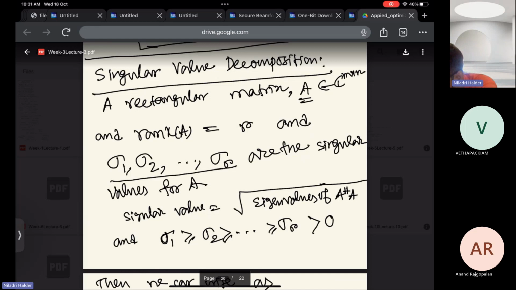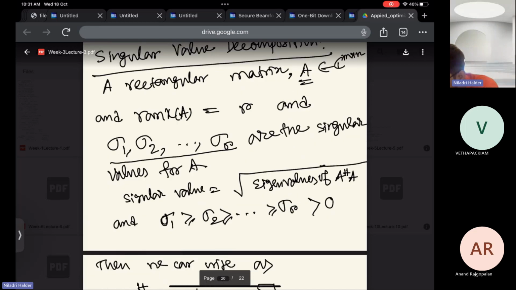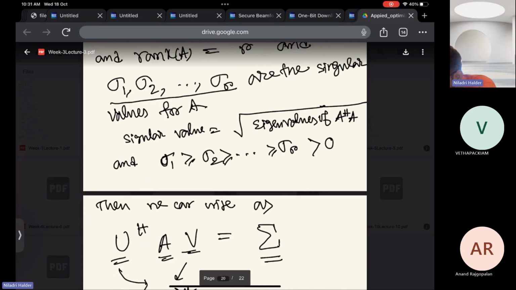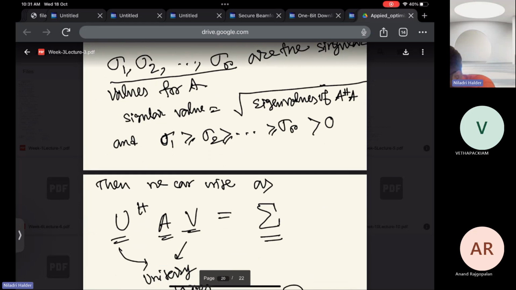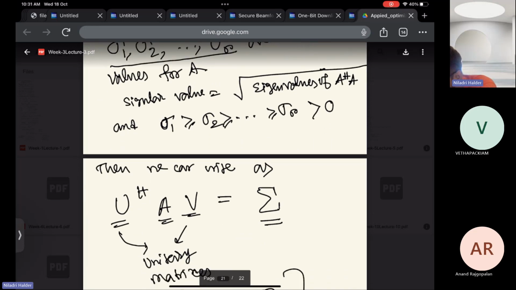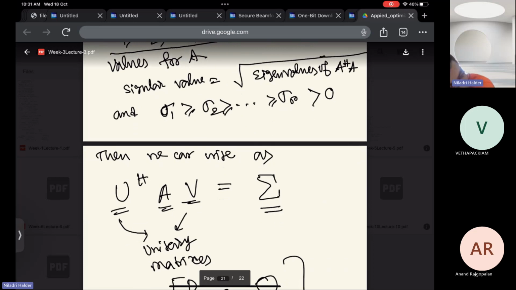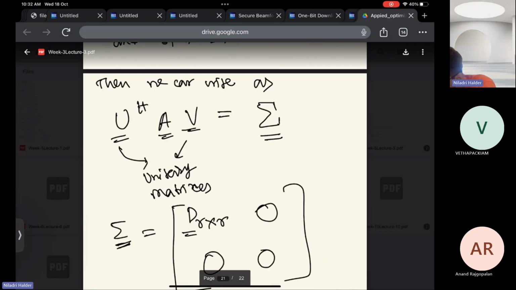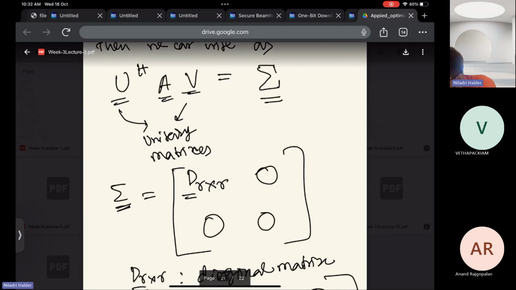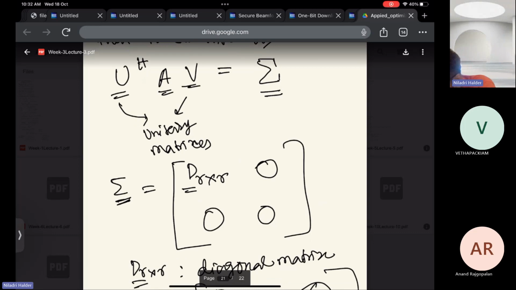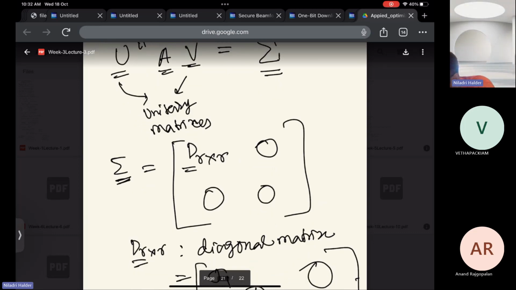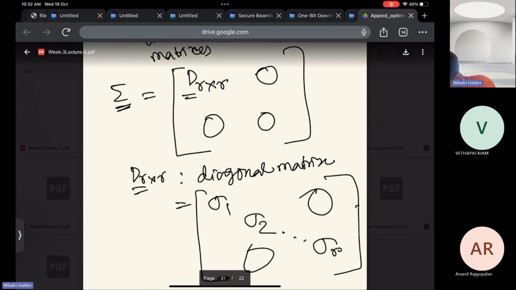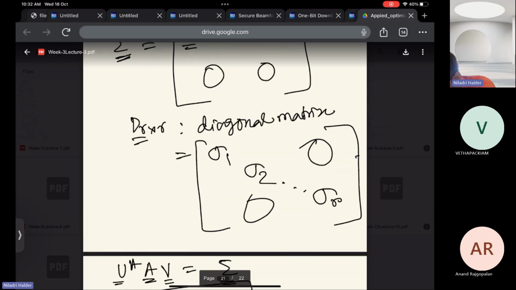For a rectangular matrix A, if the rank of A is equal to R, then that matrix will have R non-zero singular values, and singular values are the roots of the eigenvalues of A Hermitian A. If sigma 1 is greater than or equal to sigma 2 and so on, down to sigma R, then we can write U Hermitian A V equal to a diagonal matrix, where the structure of sigma should be D 0 0, where D is an R cross R diagonal matrix which takes sigma 1 to sigma R as its diagonal elements.